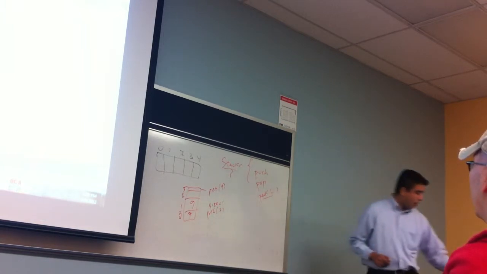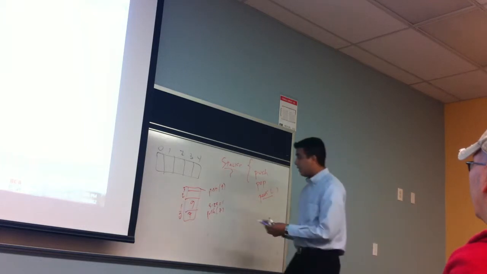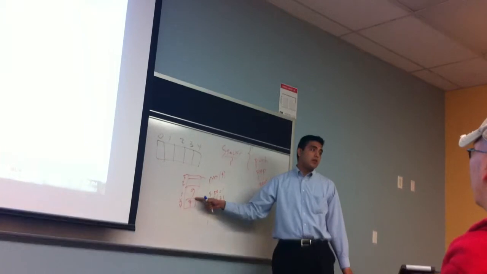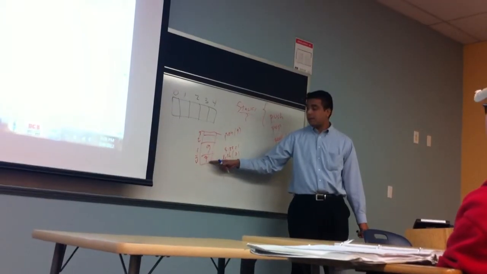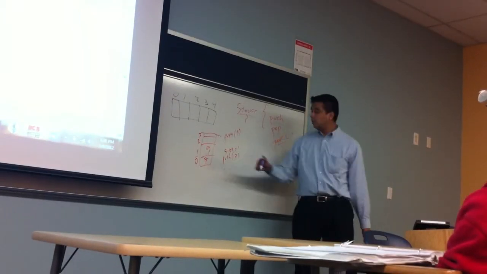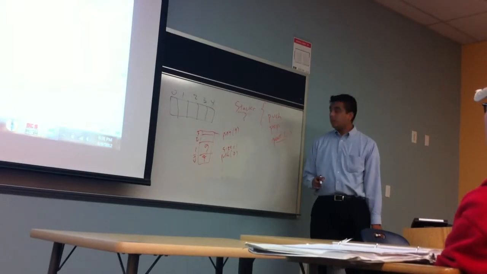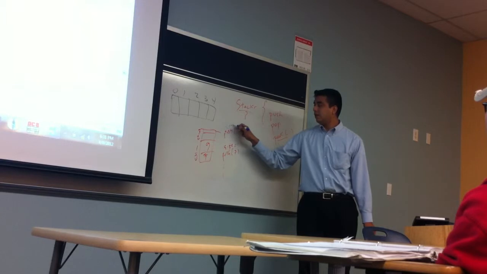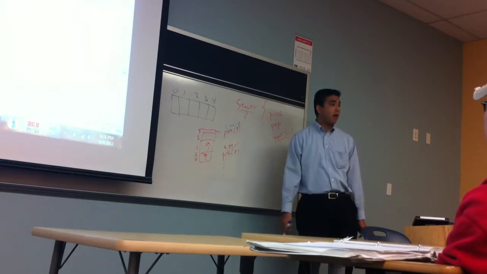Now, when popping, if I want to pop 7, sorry, if I want to pop 9, because that's the only one I can pop directly, right? If I want to pop 7, I have to pop 9 first. That's why size is 1 after pushing 7. If you push 9, size is 2. Got it?